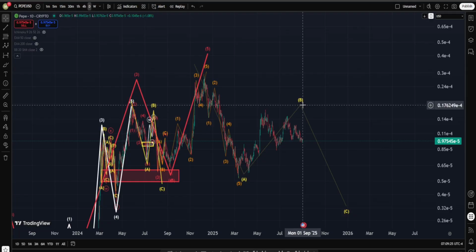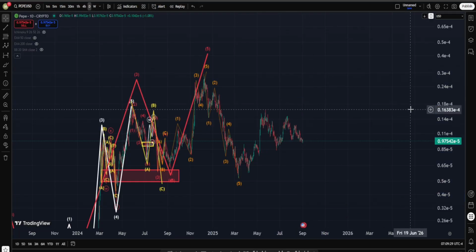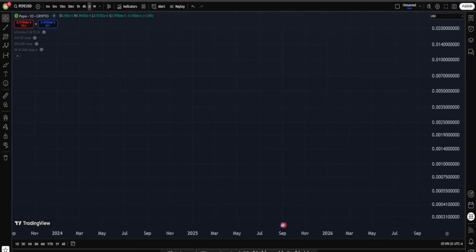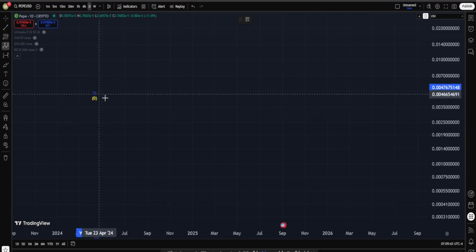Question is though, can we have some other counts suggesting, you know what, maybe we are looking bullish? The answer is yes, and I think according to that scenario you need to actually consider about the lowest low having an ABC running flat, which looks like this.